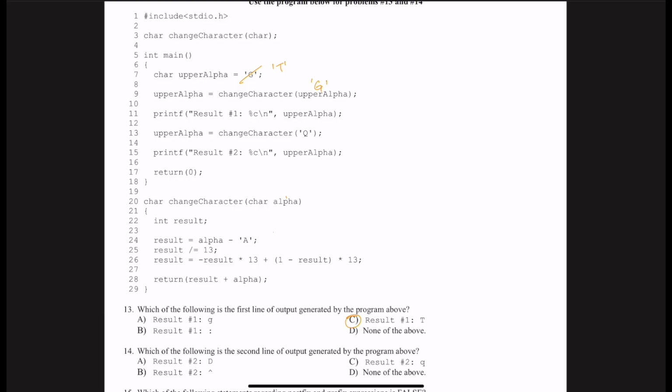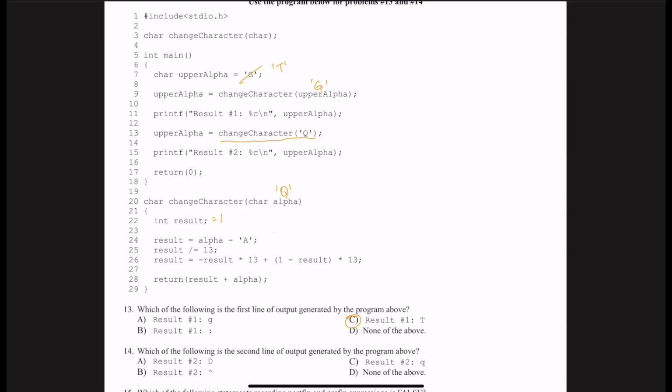So we're going to pass q. So result equals q minus a. Well, q is the 17th letter of the alphabet. A is the first, so 17 minus 1 is 16.